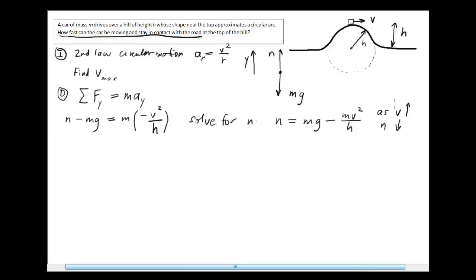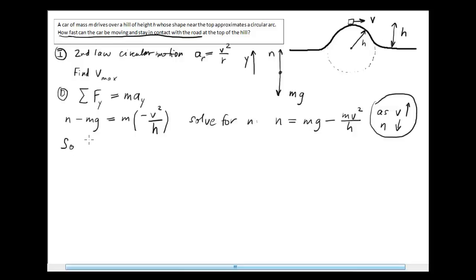That observation helps us understand what the problem's really asking, because the physics now shows us that the faster you go at the top, the less normal force there will be. And at some point, if the speed is too high, the normal force will go to zero, which will mean the tires will fly off the hill and the car will be airborne, and that's not safe.